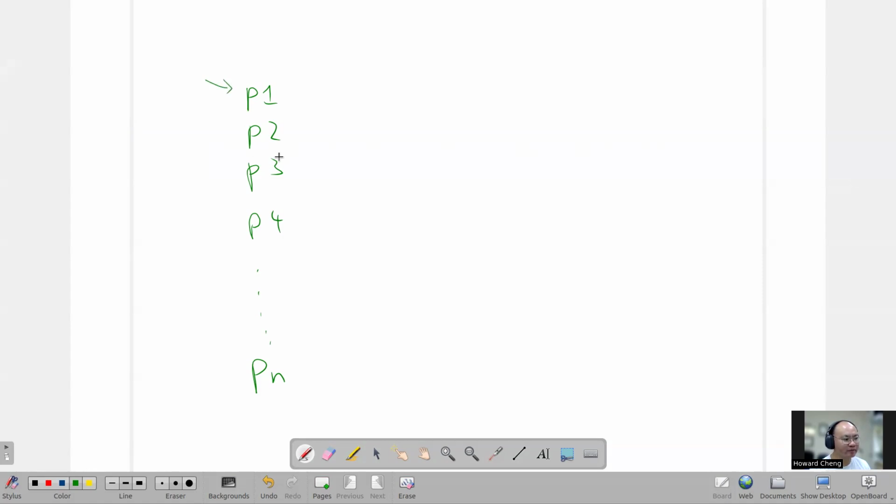If my current skill level S does not fall inside the skill level required for P1, then I can just throw that away. There's nothing I can do anyway. So I might as well assume that the first problem is one I can actually do, because I can just throw away anything that I can't do and ignore it. So the question is, if I can do this, should I do it or should I not do it?